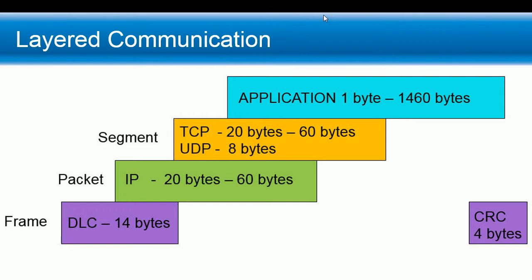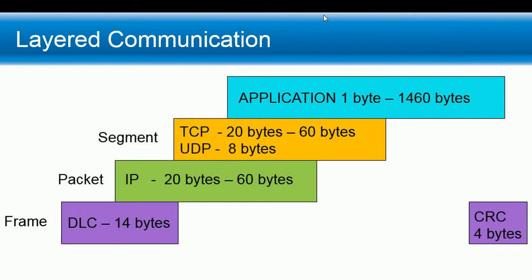So the first 14 bytes are the Datalink layer, and then the last 4 protect the frame, the CRC, also known as the frame check sequence. CRC is cyclical redundancy check. Once we move the frame across the network, the other end calculates the CRC and compares it to what the source put in.